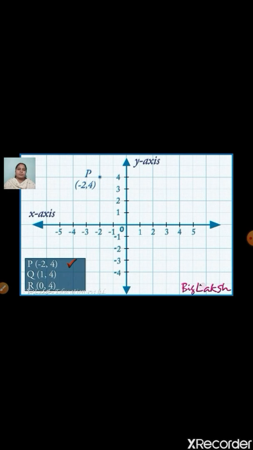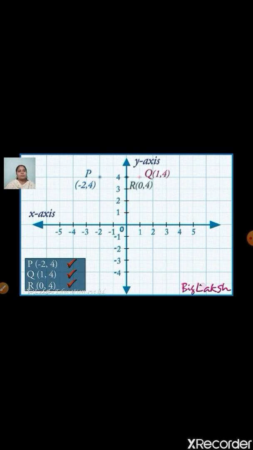Now, let us plot the point Q. Move 1 point toward the right from the origin on the x-axis and then move 4 points vertically upward. This is the point Q. Now, let us plot the point R. Start from the origin because 0 starts at the origin and move 4 points vertically upward.